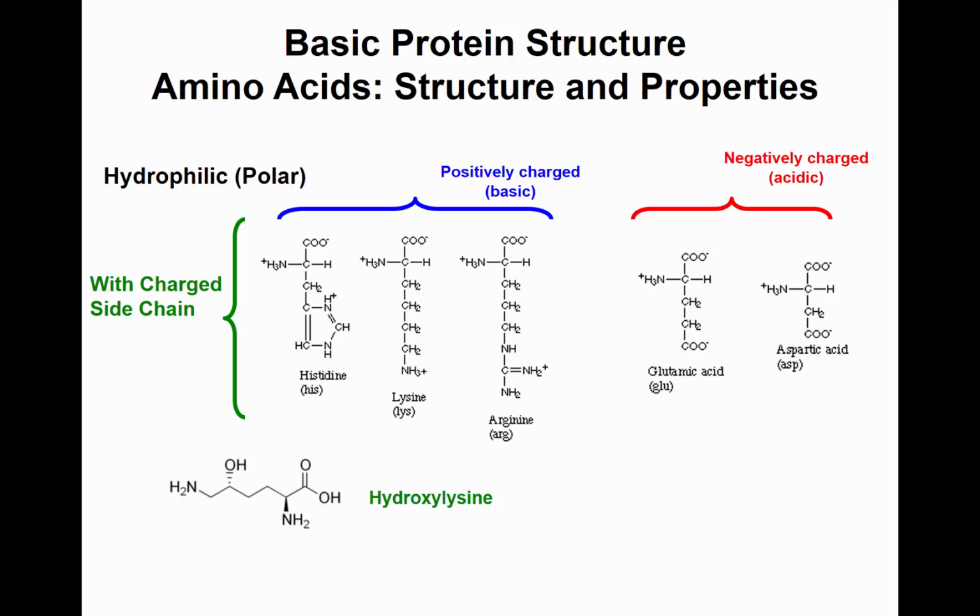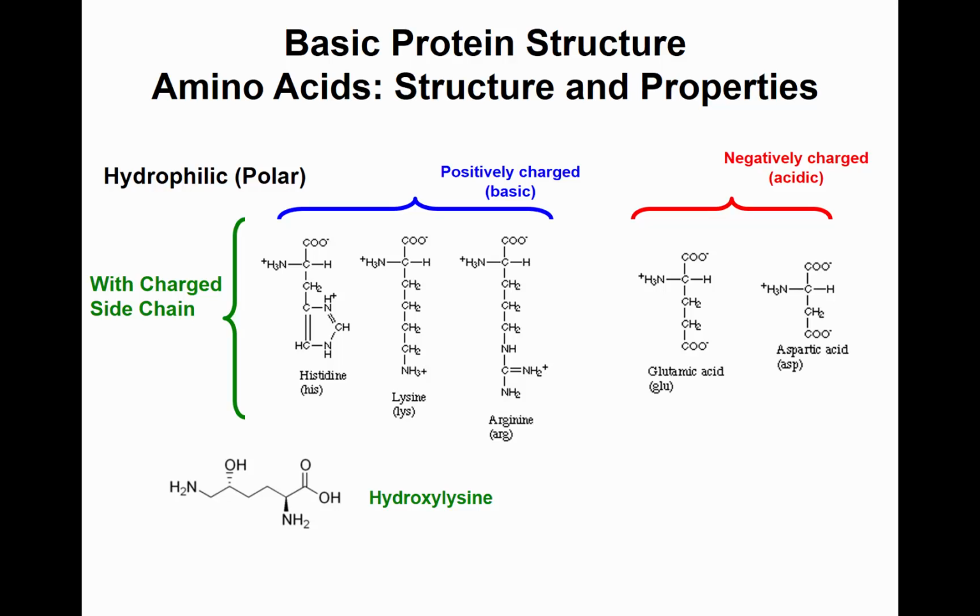Hydrophilic. So you have the charged and you have the non-charged. So the charged ones: positively charged amino acids, negatively charged amino acids. So you need to remember those. You need to remember that the basic amino acids are histidine, lysine, arginine. The acidic amino acids are glutamic acid and aspartic acid. The basic ones, they have an amine group that can be ionized in their R chain.